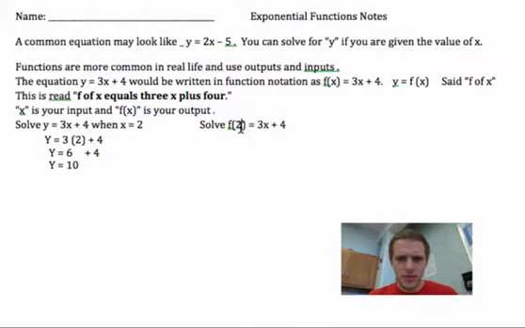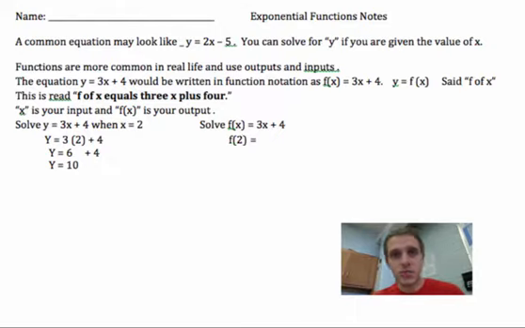So we have this original function f of x equals 3x plus 4. In function notation, if I want to solve this function f when x equals 2, notice how instead of x we just replaced it with 2. That tells us our input, our x value, is 2.